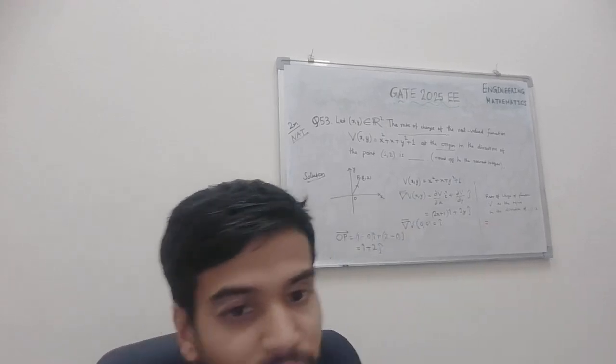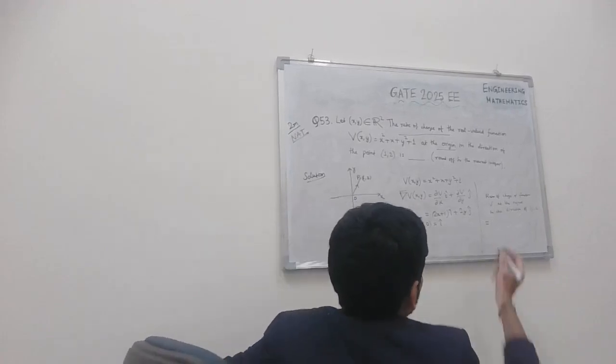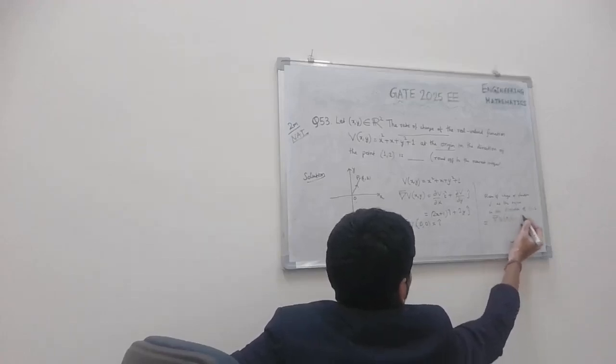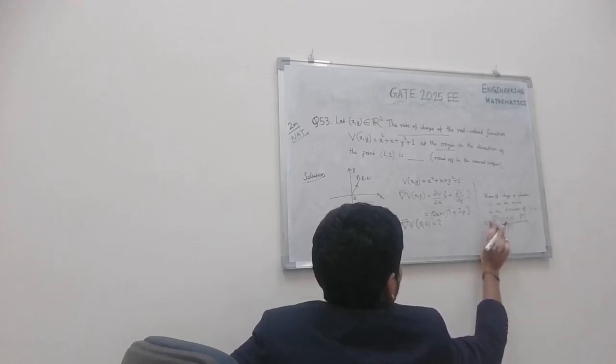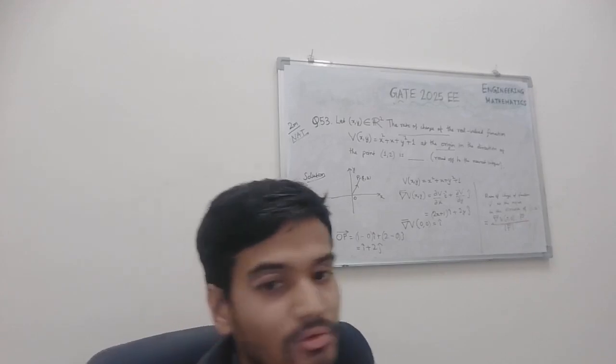The directional derivative at that point is the component of the gradient in that direction: the gradient of v dot the unit vector. The formula is always a scalar magnitude.